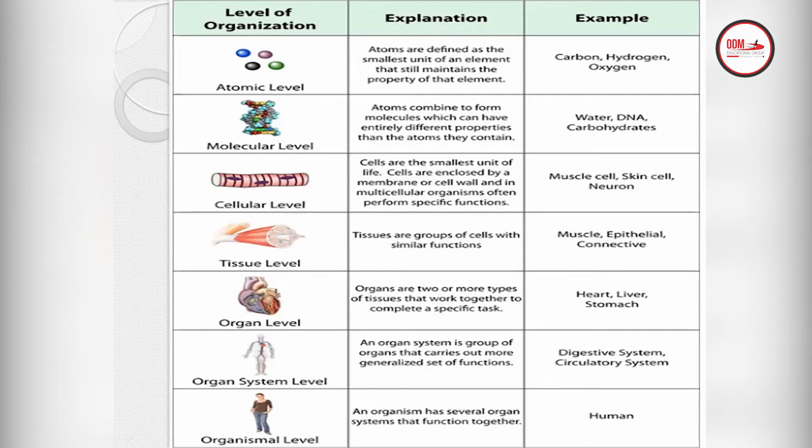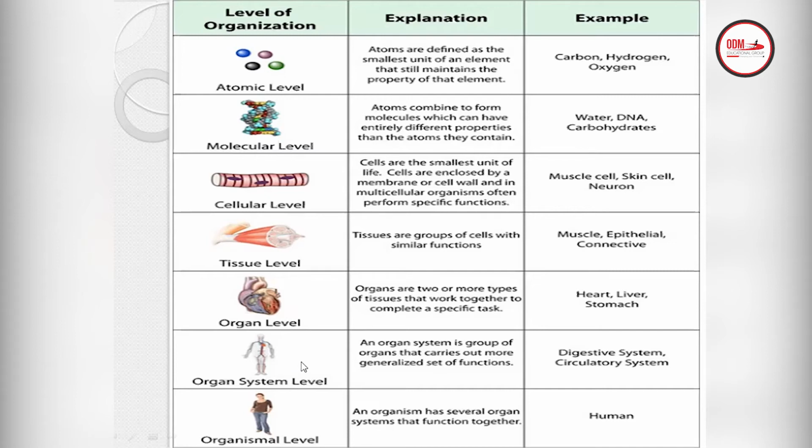Now tissues combine to form organs. An organ like heart, kidney, liver, stomach, lungs, all are organs, and they carry out a specific function, and these tissues work together to complete a specific task in the form of an organ.